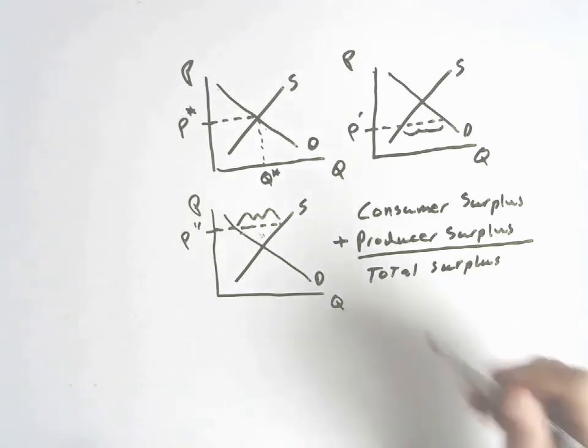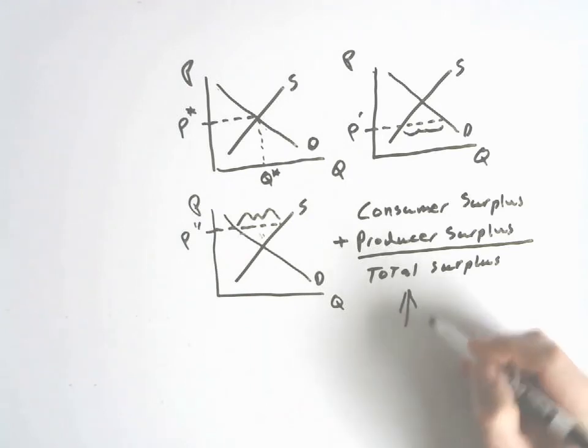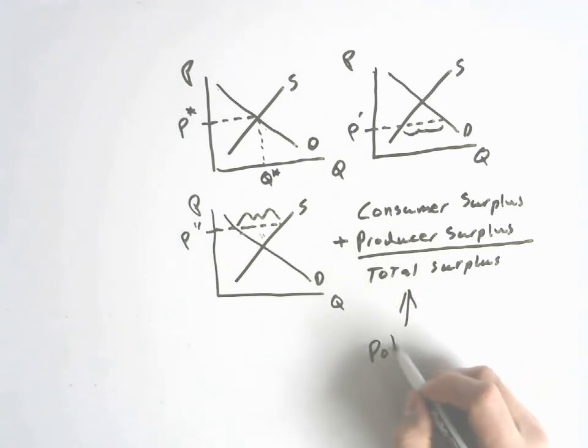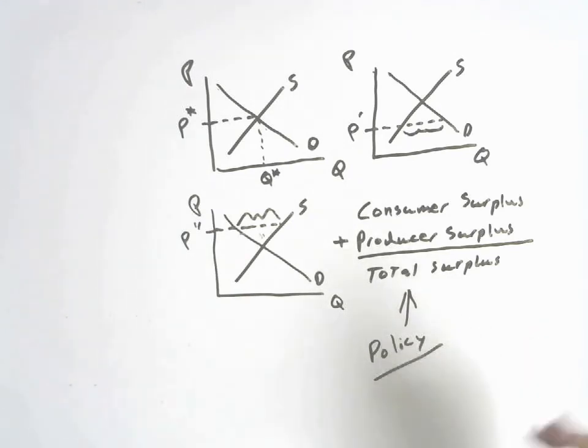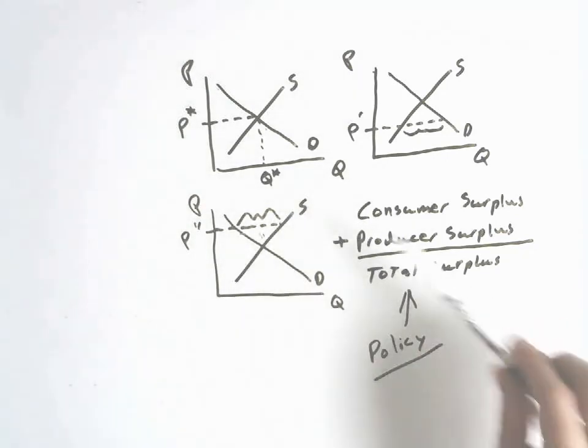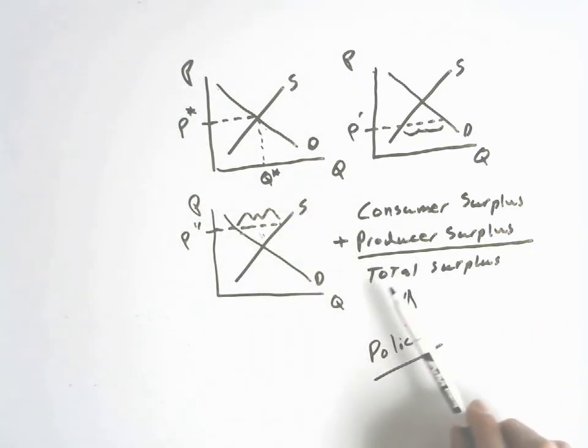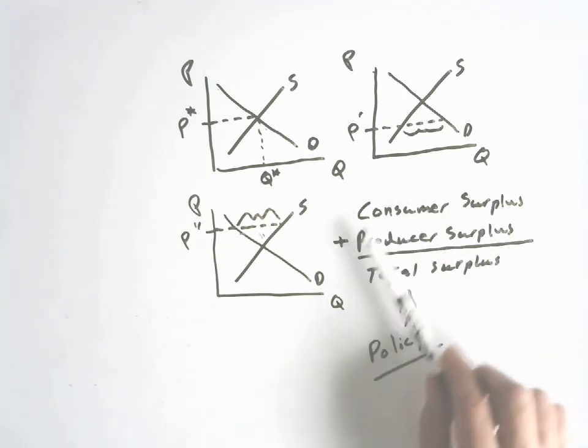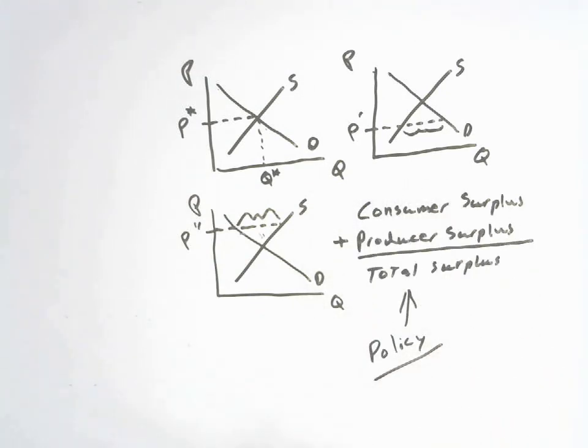Now, one of the other things this allows us to do is, if we implement government policy into a marketplace, we will be able to measure how inefficient that policy is, by measuring the inefficiencies or the deviations in consumer, producer, and total surplus.